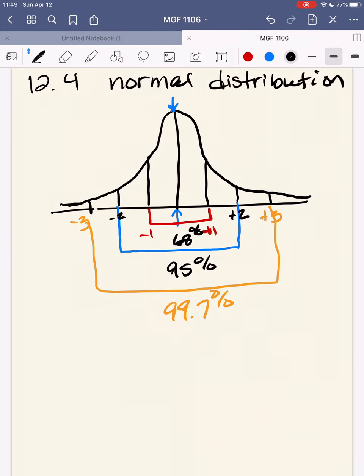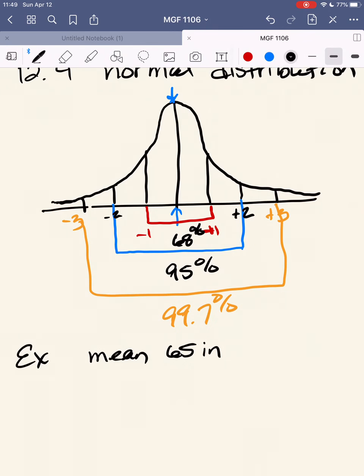So let's go ahead and look at a couple of problems. Okay, and I'm going to look at example 1. I have female heights that have a mean of 65 inches and a standard deviation, which we usually call small s, of 3.5.